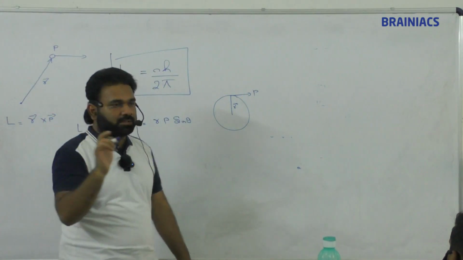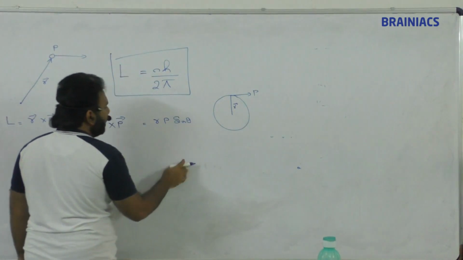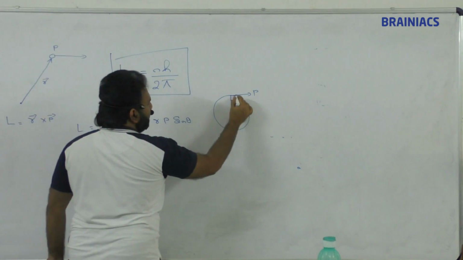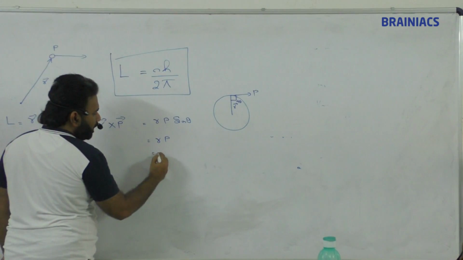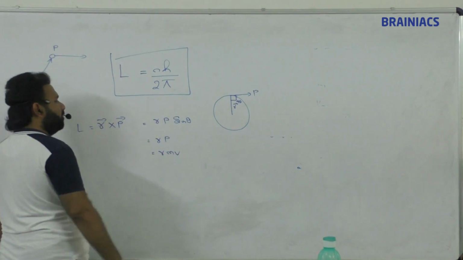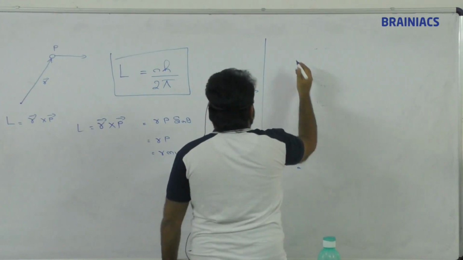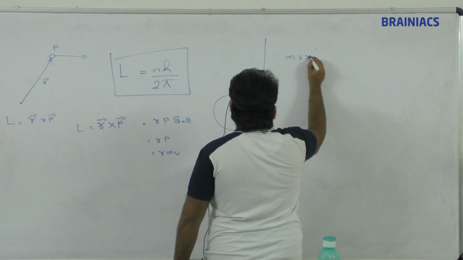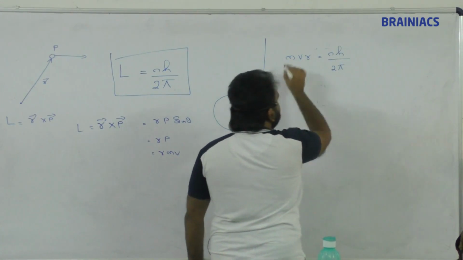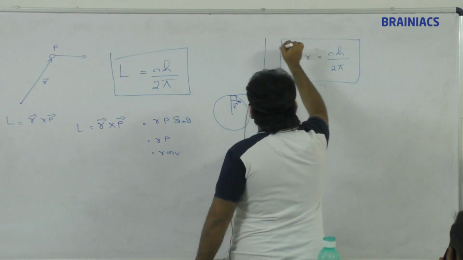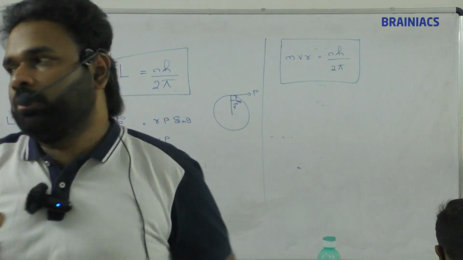Tangential, always tangential, correct? So the angle is 90 degrees. So generally we used to say mvr; if you want, you can say it like that. mvr is equal to nh by 2 pi. Remember this also. mvr is equal to nh by 2 pi. Clear?